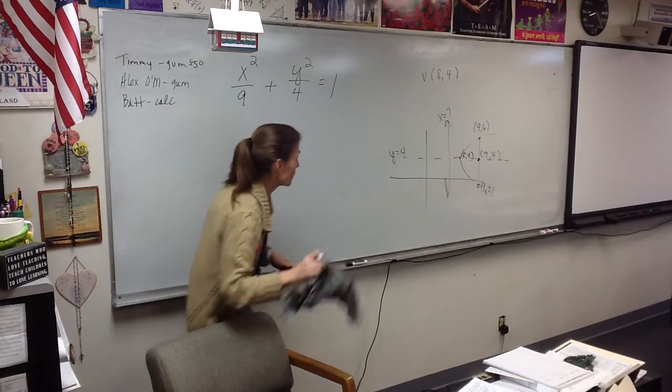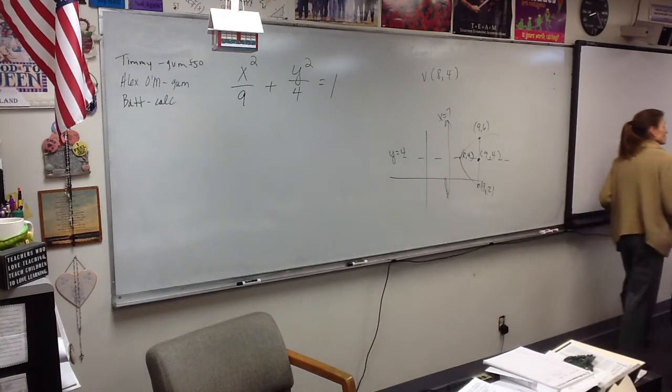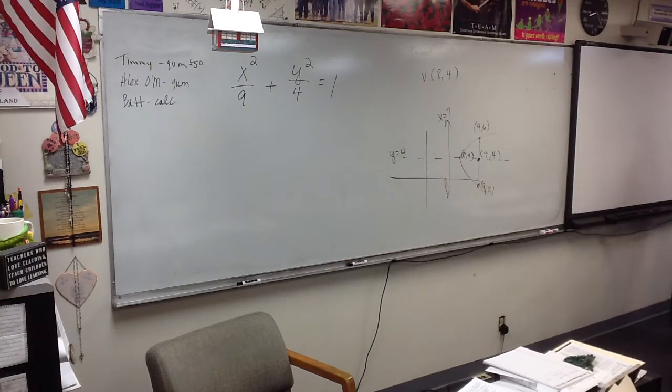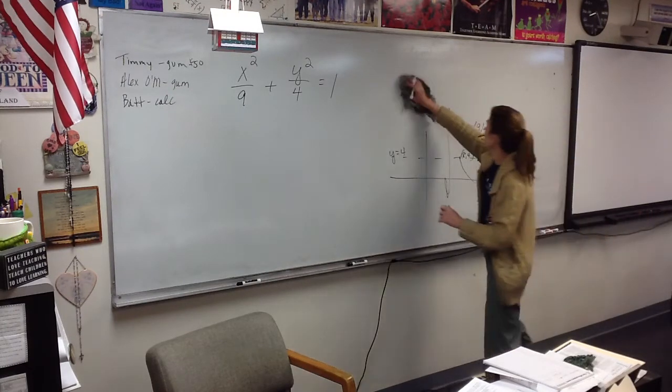We're going to look at this equation. Now, the first thing that you notice about this, I hope, is that it is not a parabola. How do I know it is not a parabola? Because I have 2 squared terms. Okay, but wait a minute.